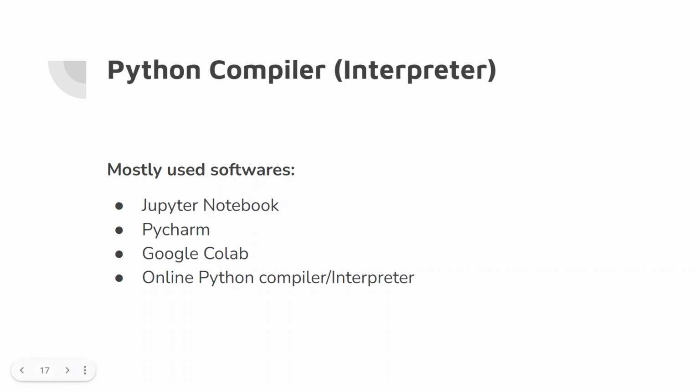It provides suggestions and color coding, so many things, very easy to understand. Google Colab: in industry, you will use Google Colab. For now, for basics, if you want to create one or two programs, you can just search on Google for an online Python compiler or interpreter and make a program.